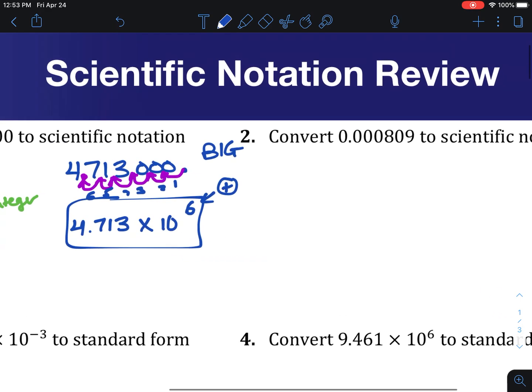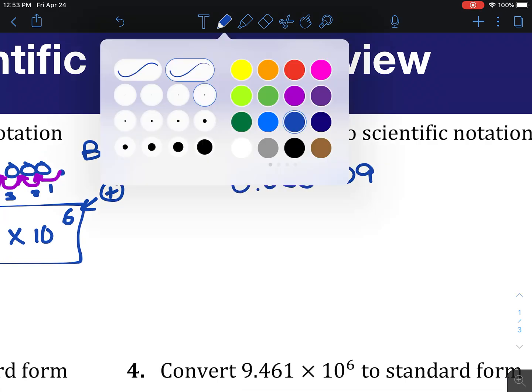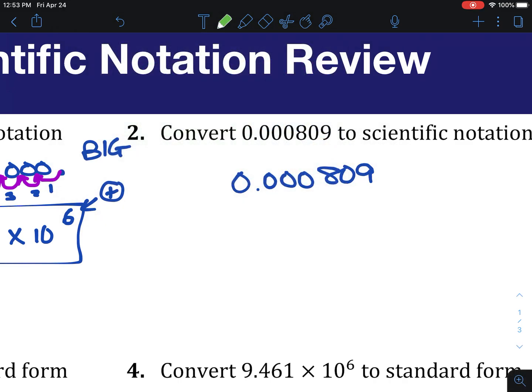The next one is a small decimal, so that's going to have a negative power of 10. This time we have the decimal given to us, and we're going to move it until our number is in between 1 and 10. 0.000809 is way too small. If I move it 1 time, 2 times, 3 times, it's still too small. 0.809 is still less than 1. We're going to go one more time because 8.09 is in between 1 and 10.